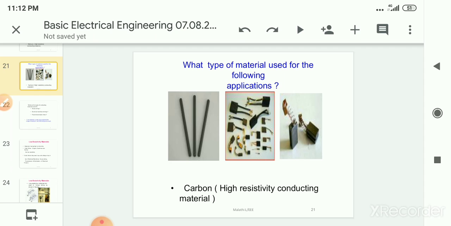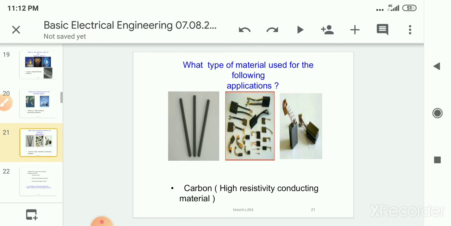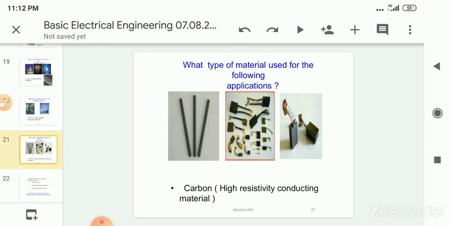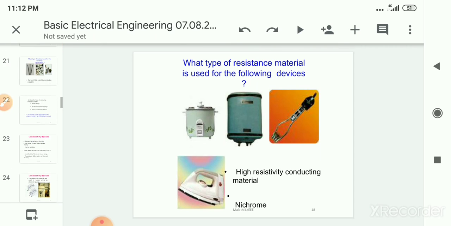Previously we saw high resistive materials used for resistances, filaments in bulbs, mercury lamps, and some types of heating elements. All those things are related to high resistive elements.